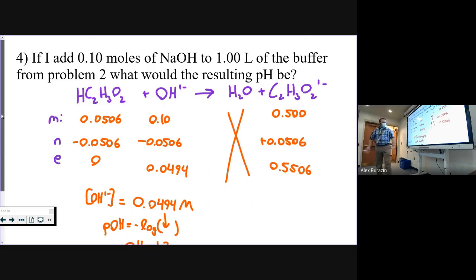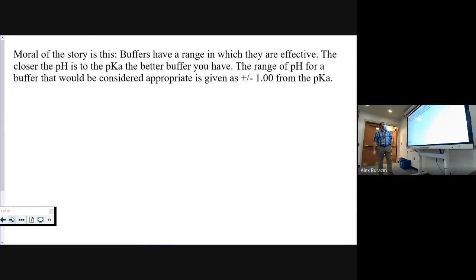So here's the moral of the story. Here's the conclusion: buffers have a range in which they are effective. The closer the pH is to the pKa, the better buffer you're going to have. I said this yesterday, kind of got a little ahead of myself. The range of pH for an appropriate buffer is plus or minus 1 away from the pKa.